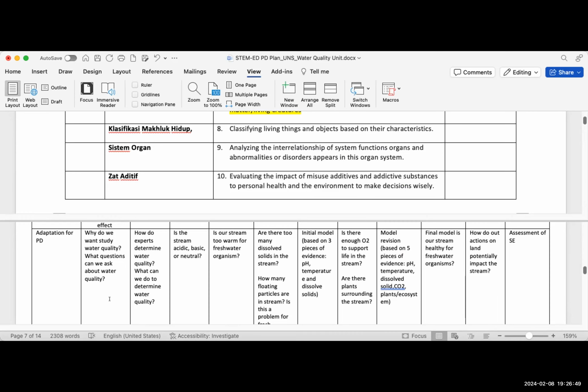So, Anne, do you have any suggestion about the strategy to train the students to ask questions? I'm thinking whether we should first train them to make a good question, for example, using various question words, like why, what happened, like that.